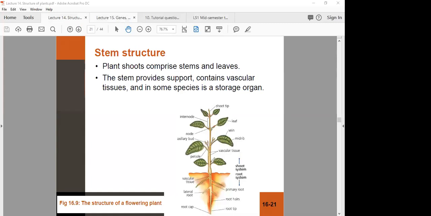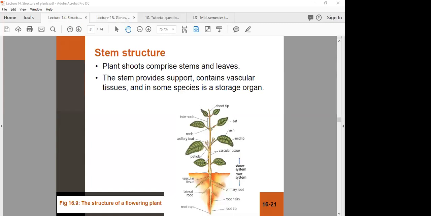So you can only see two branches here. Normally you would have several branches running up through the stem. And then when one of those branches reaches a leaf, it branches off into the leaf, and this major line that you can see here, this is called the midrib.